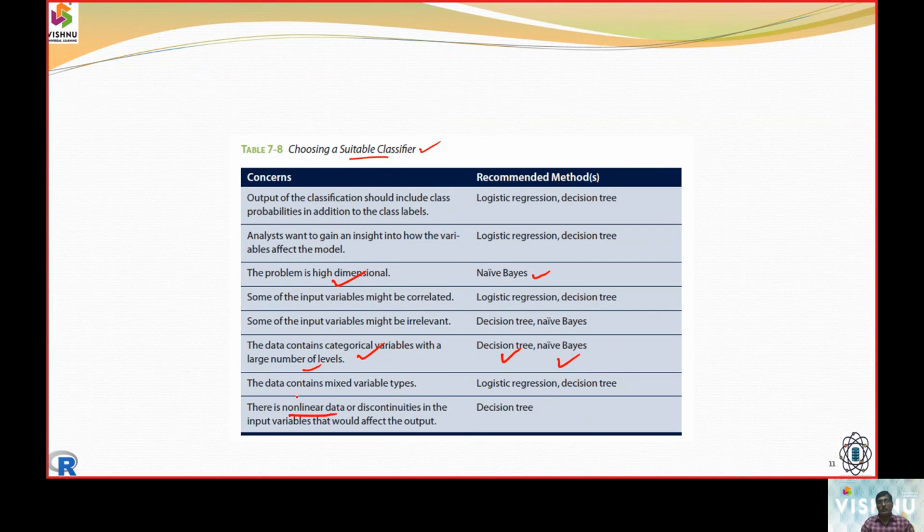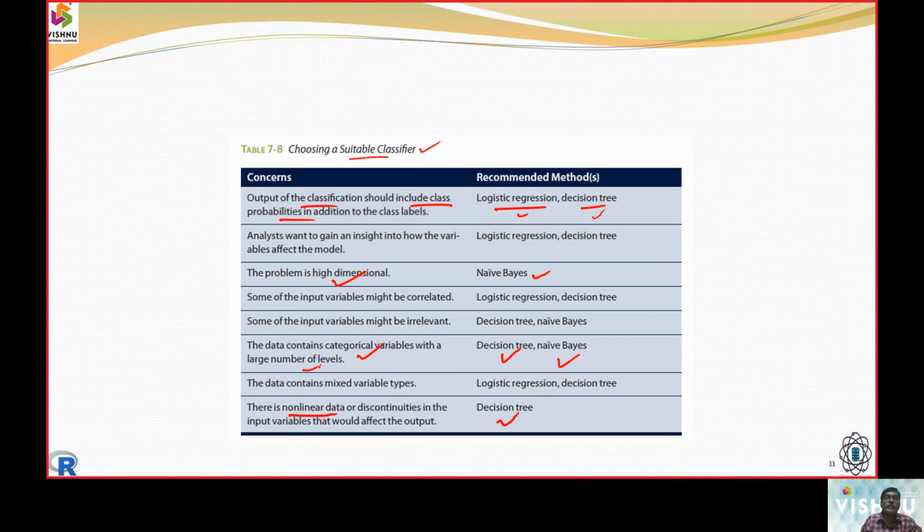Similarly, if we are talking about non-linear data, then we can go with decision trees. But if we take linear data, obviously we go with linear regression. And assume that in most of the cases where the output class is going to be a categorical value involving some probabilities, then we will look at a decision tree or logistic regression.